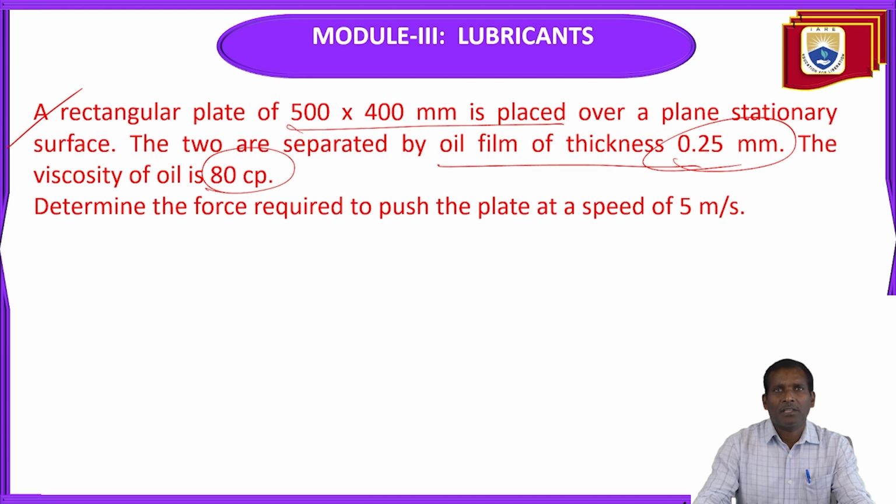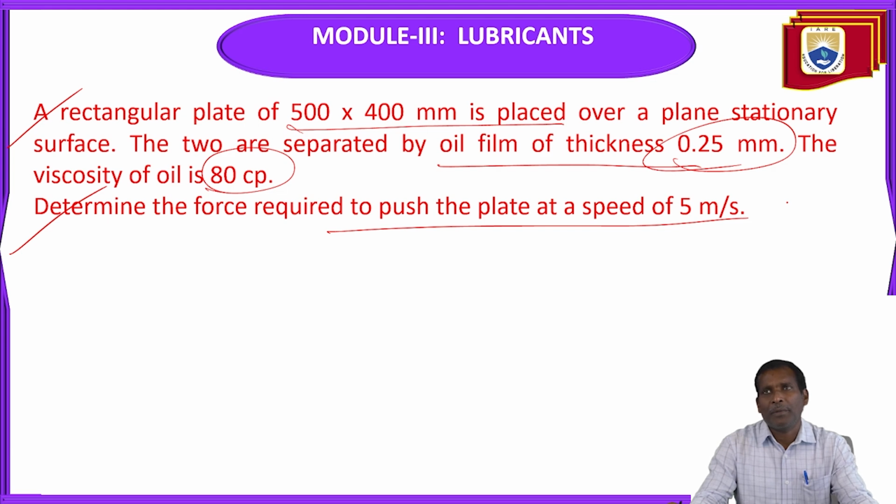Determine the force required to push the plate at a speed of 5 meters per second. The rectangular plate dimensions, oil film thickness, and viscosity of oil are given. How much force is required to push the plate at 5 meters per second?